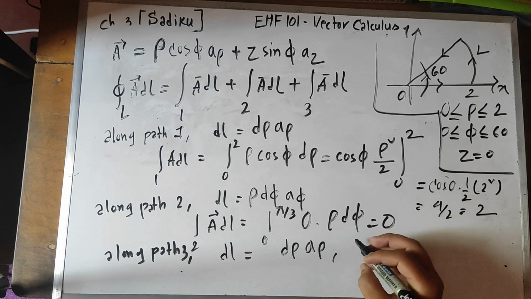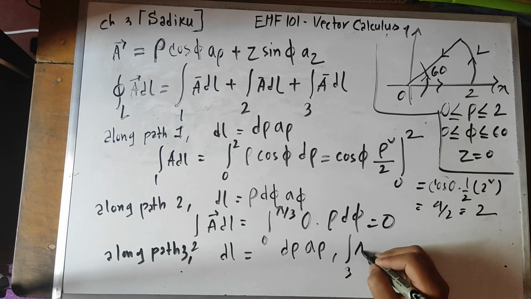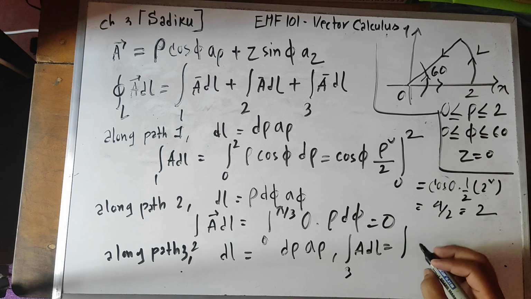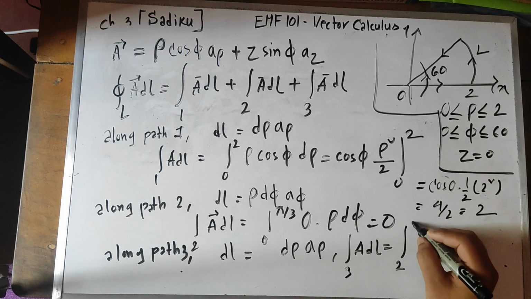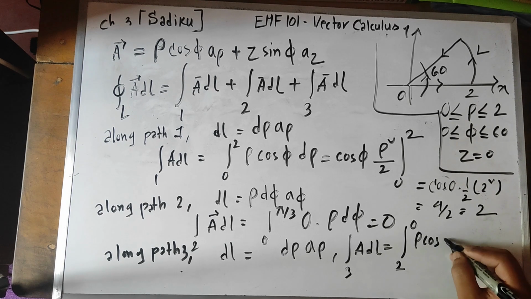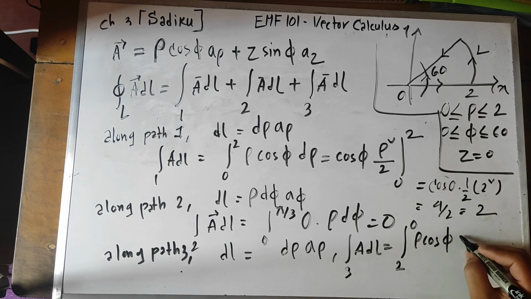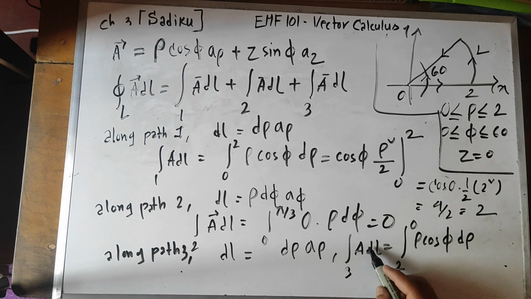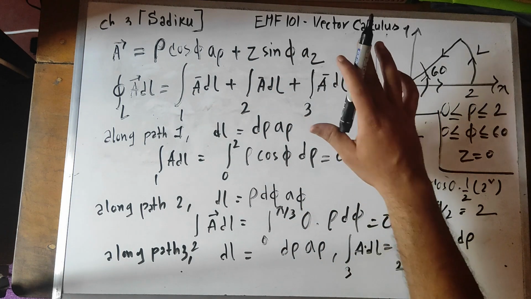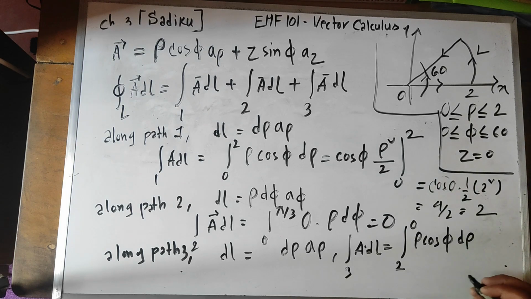So A·dl is the integral from 2 to 0 of ρ cos φ dρ. This is a scalar product, so only the ρ part remains and no z part, because they are perpendicular to each other.